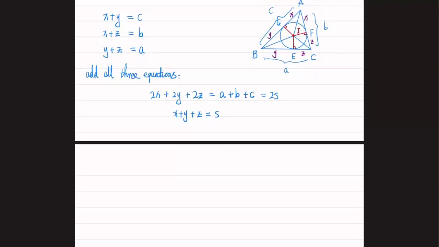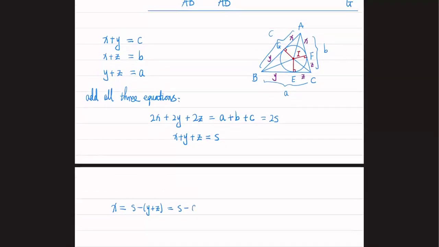Now we're going to find the three unknowns. First x. From the last equation, x is s minus y plus z, which is s minus a.